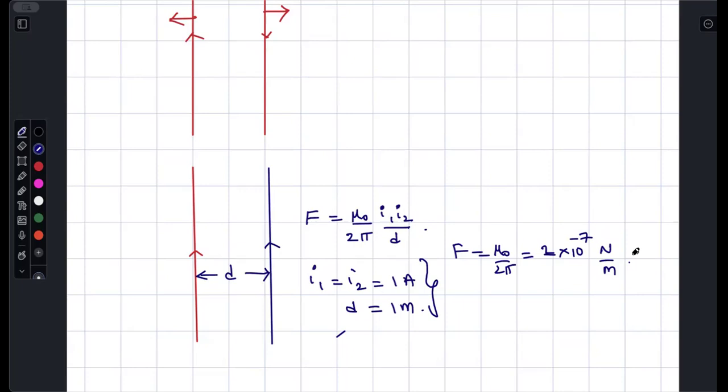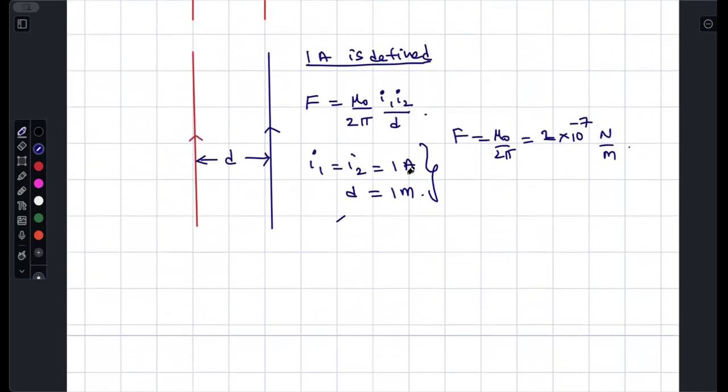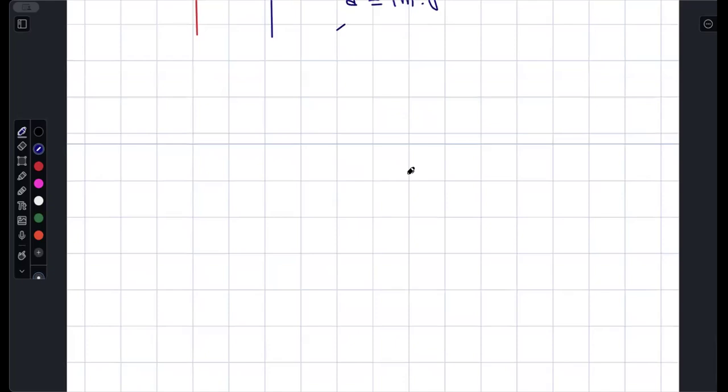That is the definition of 1 ampere. This is how 1 ampere is defined. Okay? Any doubts? Now, on the basis of this, we will have questions.